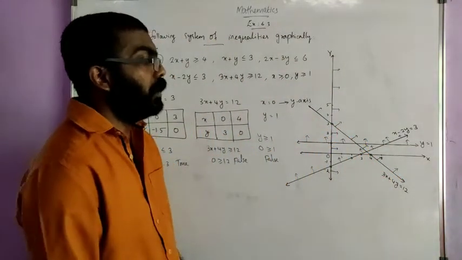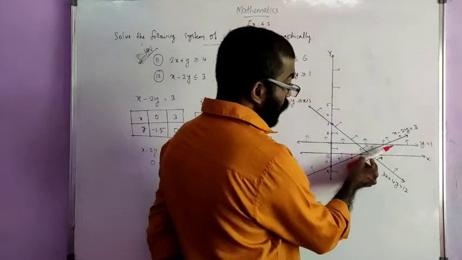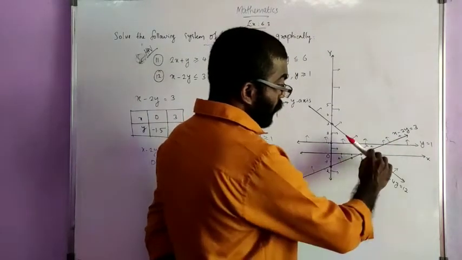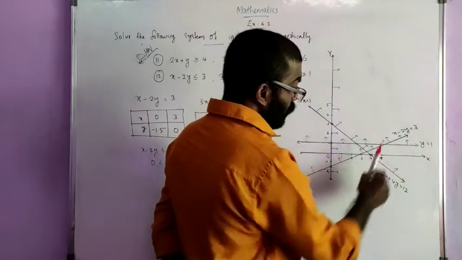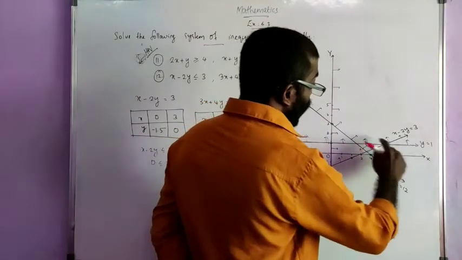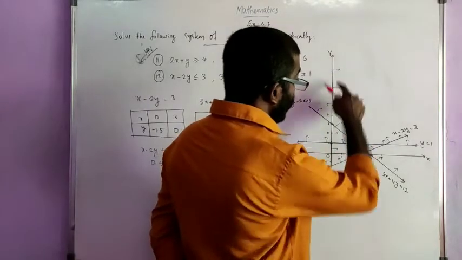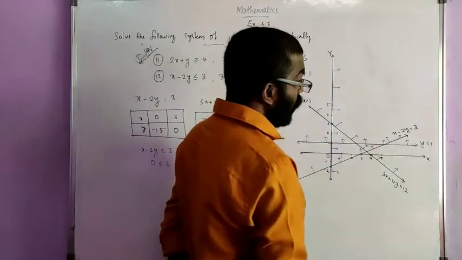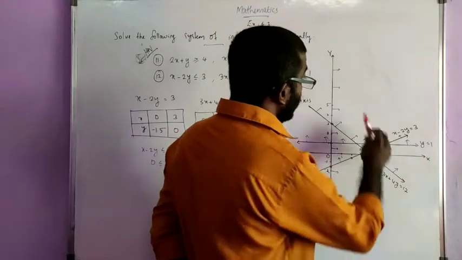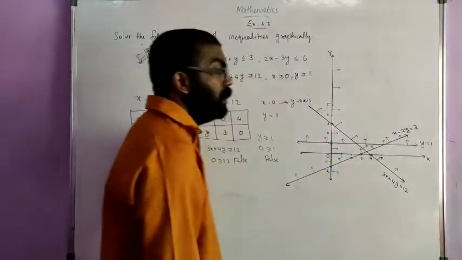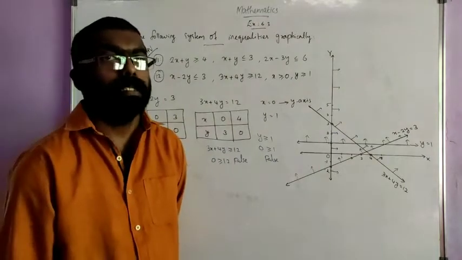Now we can identify the common portion. Upper part of this line, upper part of this line, right part of this line, upper part of the line y equal to 1, then right side of the y axis. So here we can say this portion will be the solution region that we can shade.